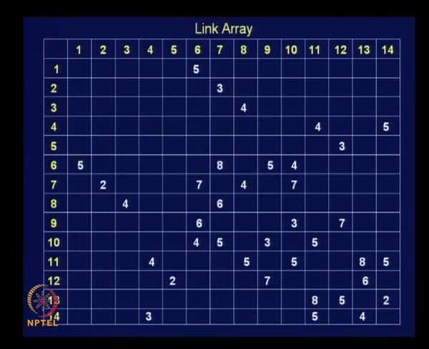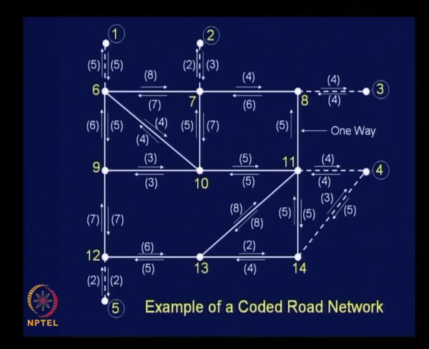To perceive this link array table better, I will show you the picture also. This is the network that we are talking about. Nodes 1, 2, 3, 4 and 5 are zone centroids. Other nodes are road intersections, and there are 2 dummy links for zone centroid 4, and all other centroids have only one dummy link.